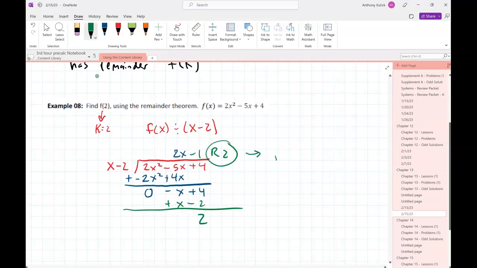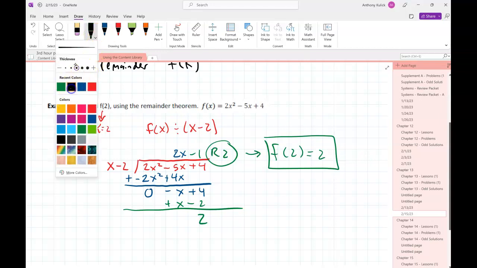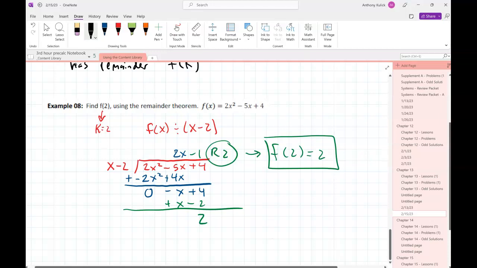So this tells me then that f of 2 is equal to 2. That's it. Contrary, what if we wanted to go the reverse way? This is the more useful.